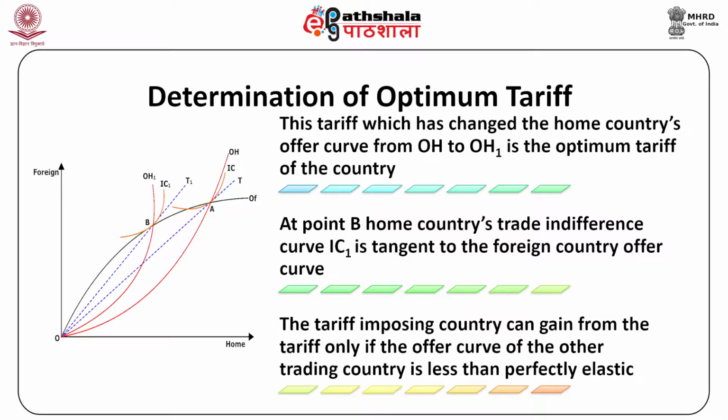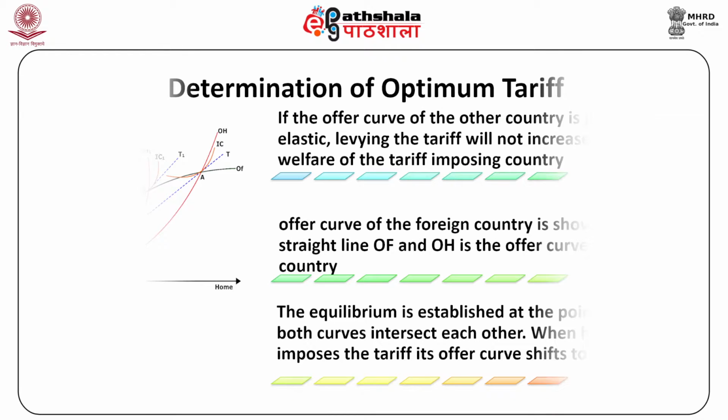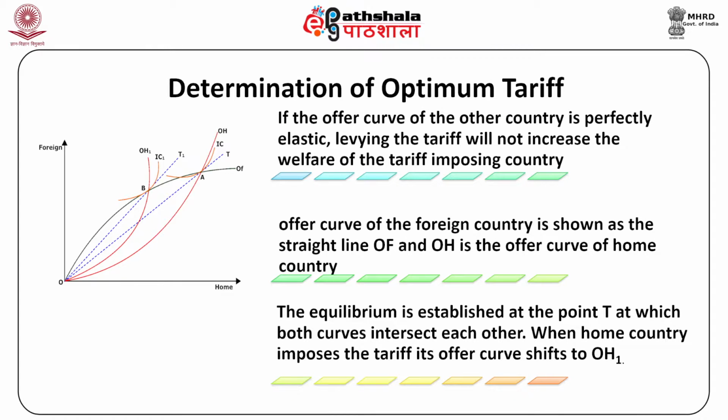The tariff imposing country can gain from tariff only if the offer curve of the other trading country is less than perfectly elastic. If the offer curve of the other country is perfectly elastic, levying the tariff will not increase the welfare of the tariff imposing country. This is explained in the figure where the offer curve of the foreign country is shown as the straight line OF and OH is the offer curve of the home country.